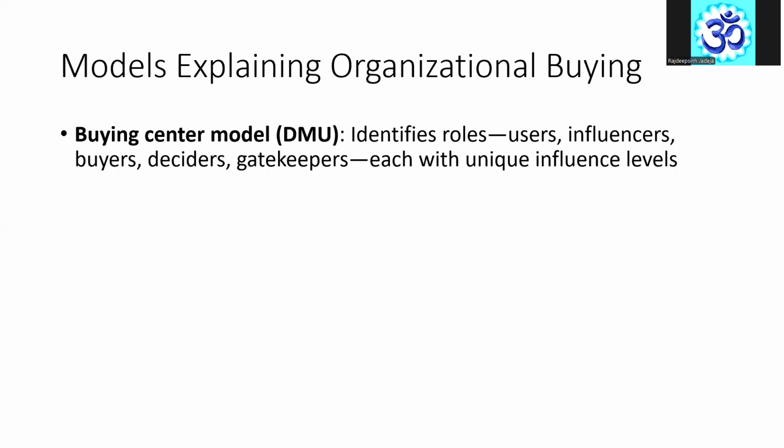So what are the models which explain organizational buying? First is the buying center model, which is the DMU, which identifies roles: users, influencers, buyers, deciders, and gatekeepers, each with a unique influence level.